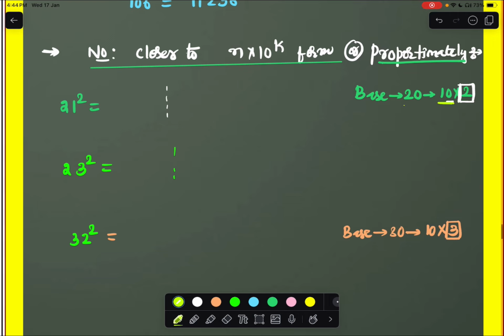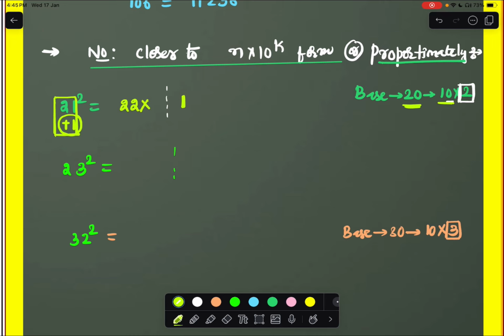When compared to your convenient base, your number is how much more? We'll check it. So 1 more, and square it and put it in the rightmost part. 1 squared is 1. We'll write 1. Your standard base contains only one zero, so in the rightmost part we have to write exactly 1 digit. Now the leftmost part: to the number we add its surplus value, 22.